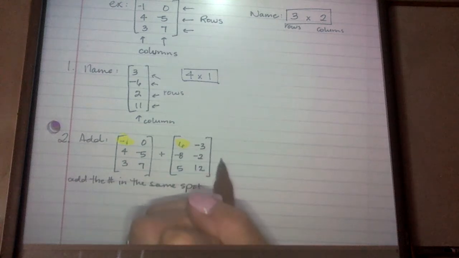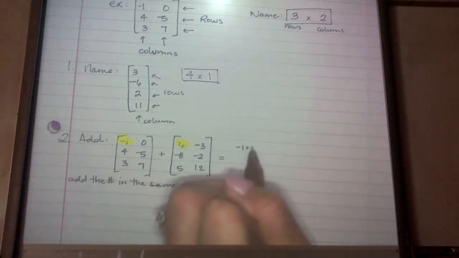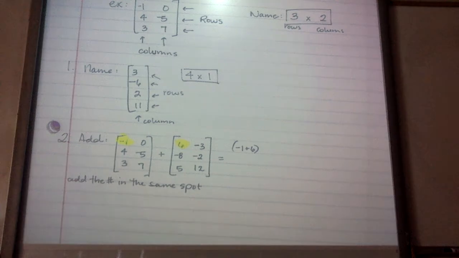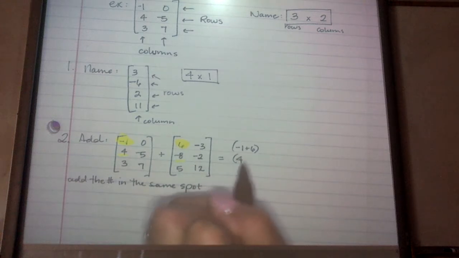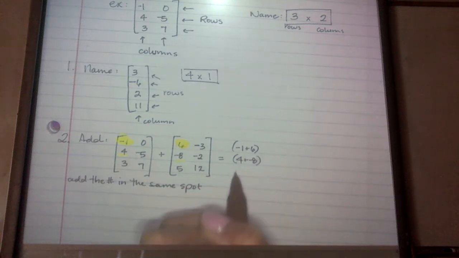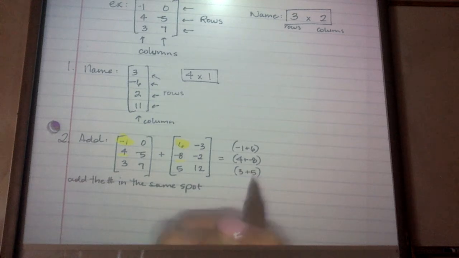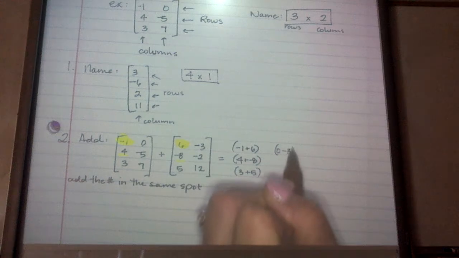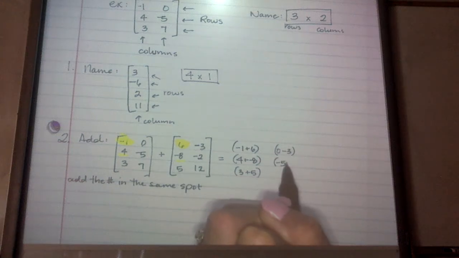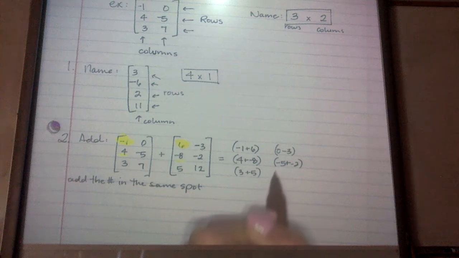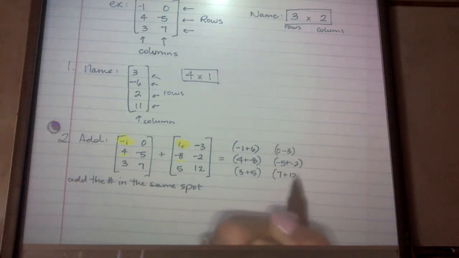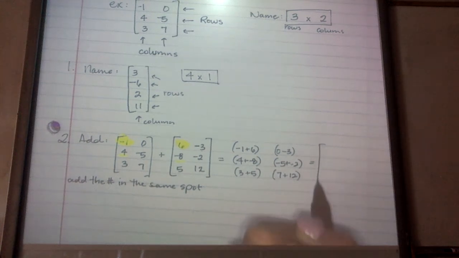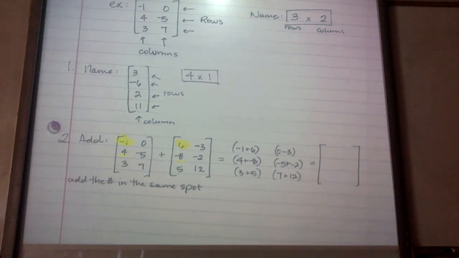And so I'm going to add negative 1 plus 6. That means that 4 would match negative 8, right? They're both second down on the left. So 4 plus negative 8. The bottom would be 3 plus 5. Here is 0, negative 3. Here would be negative 5 plus negative 2. And last 7 plus 12. So I'm going to add each of those to get my final answer.